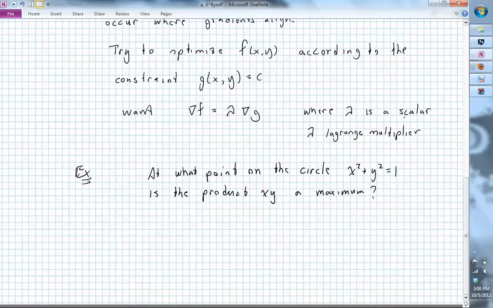Fairly straightforward question, simply stated. What's the thing that I'm trying to maximize in this problem? X times Y. Now, if I didn't have the constraint, what would the answer be?